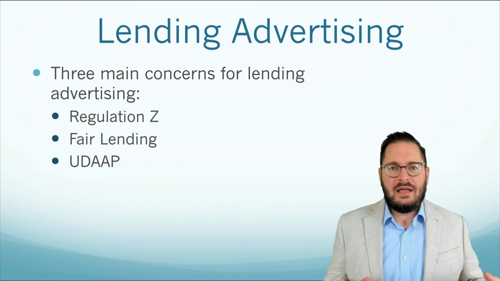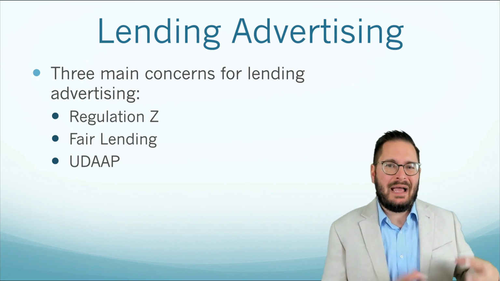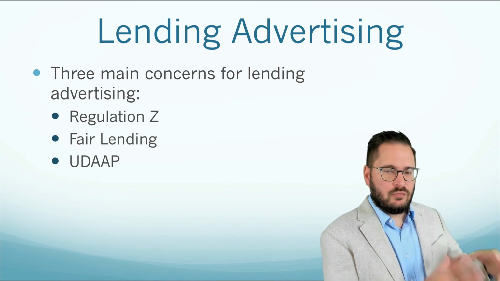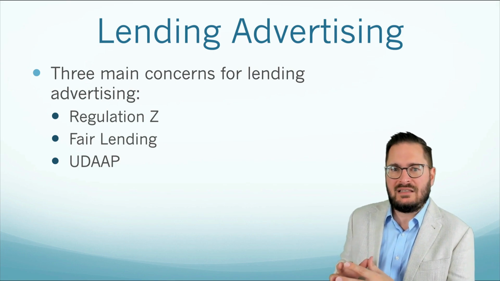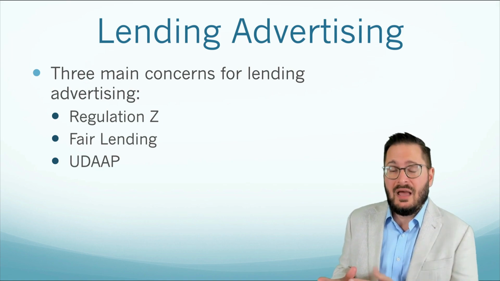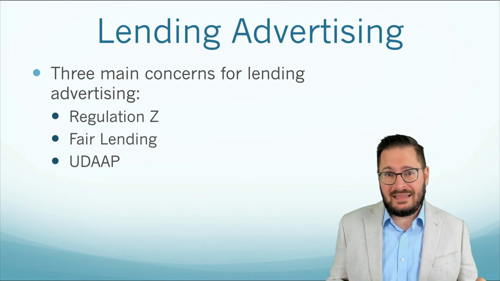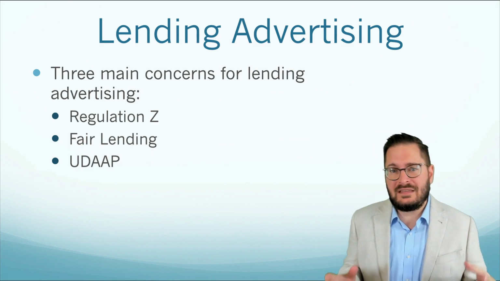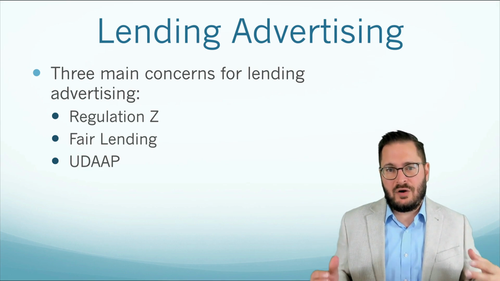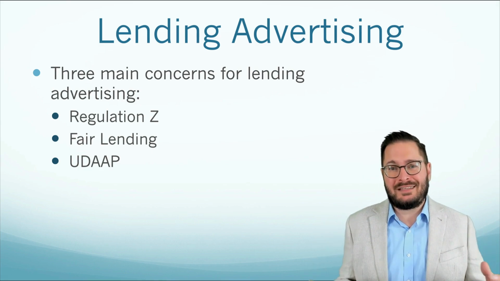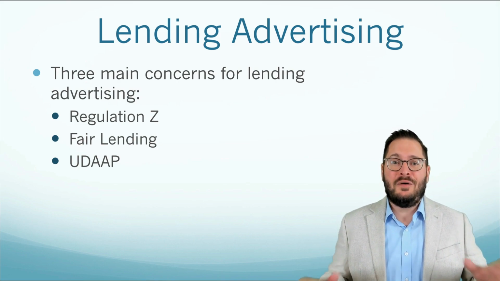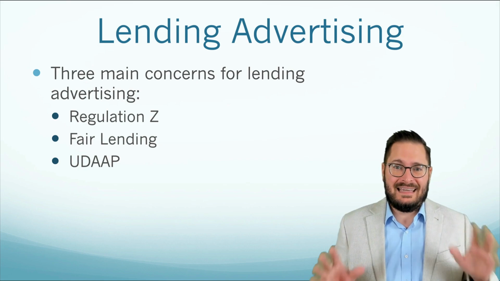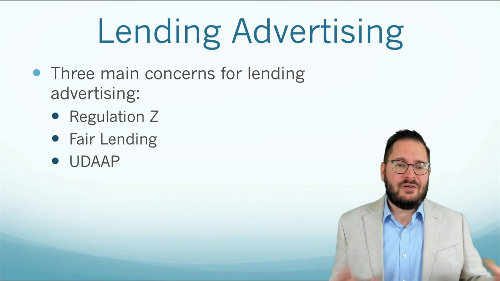And so it's very important to have a good background and understanding of fair lending rules, because anything that you put out in a publication or any type of video or audio message becomes an advertisement and therefore would be subject to fair lending provisions. Once you say something that could potentially discriminate against a protected class, you potentially have a fair lending issue. So fair lending is our second piece.